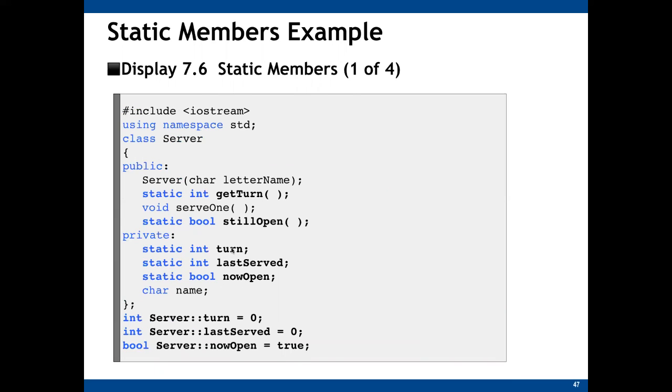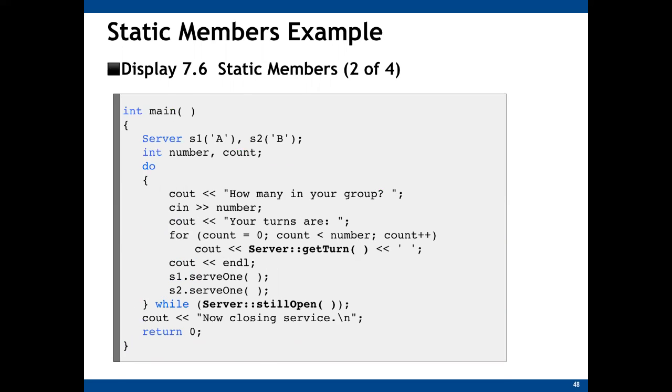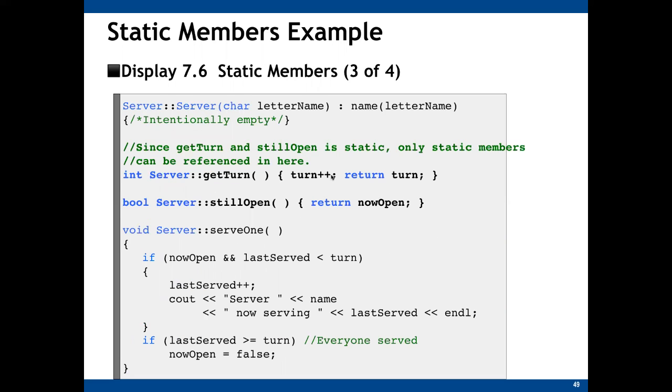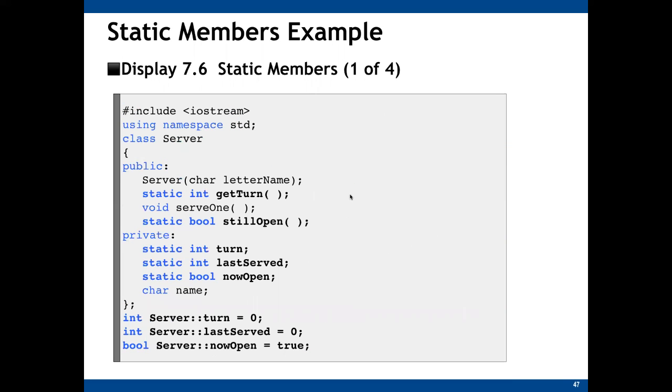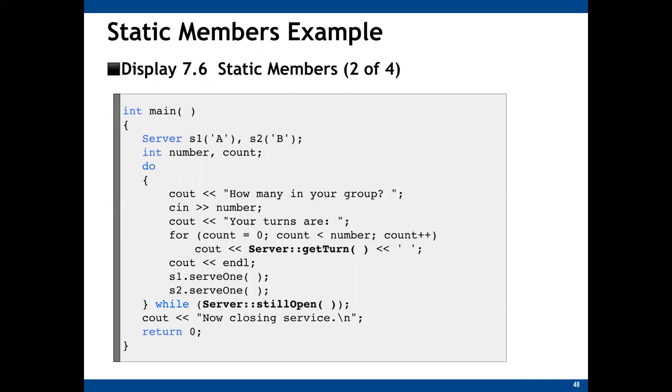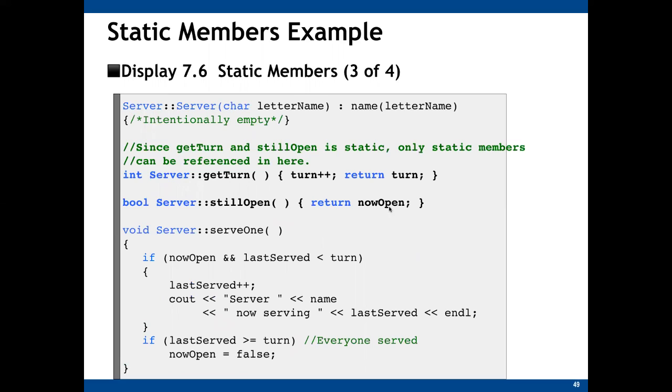As you can see here, turn is a static member variable. If turn were a non-static member variable, this would lead to a compiler error. And as you can see here, nowOpen is also a static variable. So this is possible. If nowOpen were a non-static member variable, this line should also lead to a compiler error.